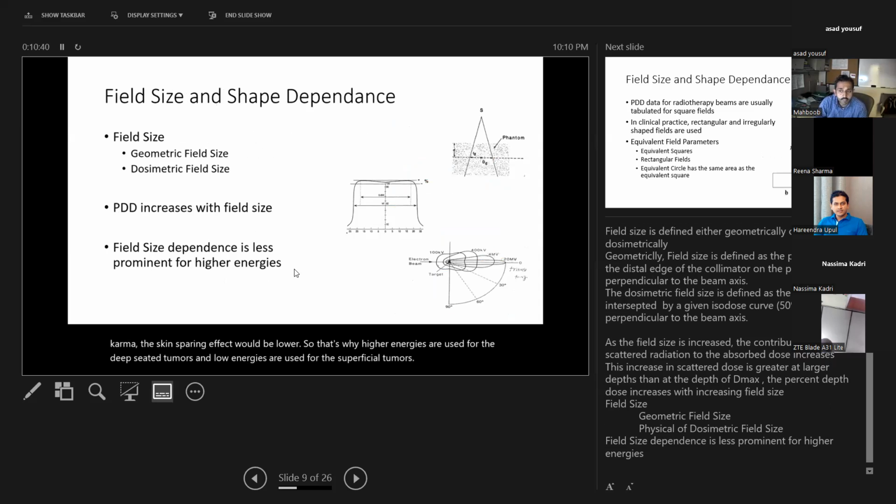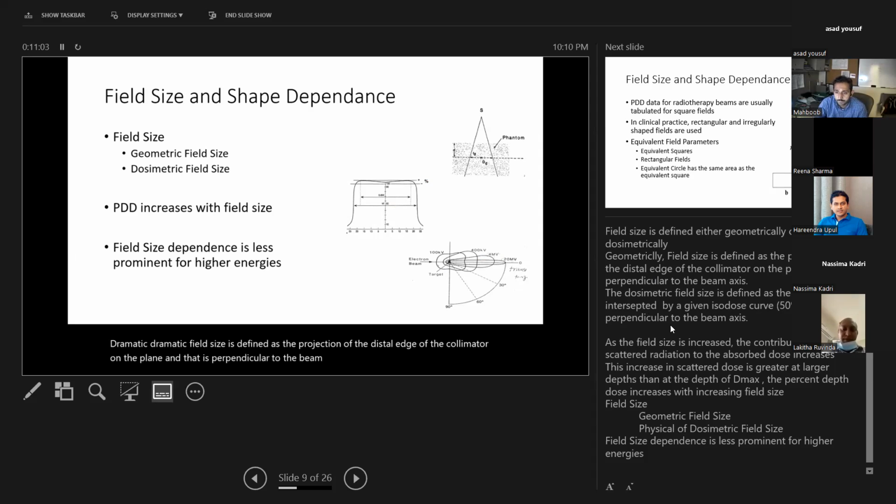Then there is the second dependence of PDDs, on field size and shape. There are two types of field sizes: the geometrical field size and the dosimetric field size. Geometric field size is defined as the projection of the distal edge of the collimator on the plane that is perpendicular to the beam axis.